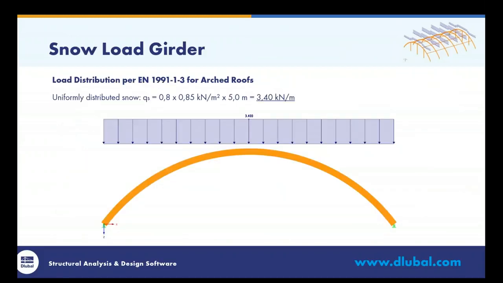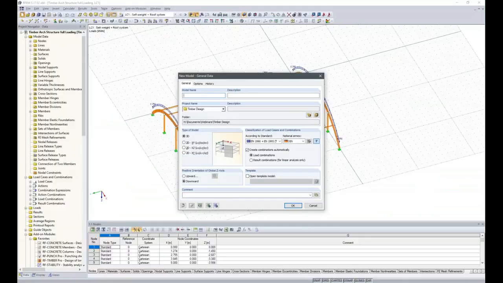Then let's have a look at RFEM, and here we will now make a new model. It's supposed to be a timber arch structure.